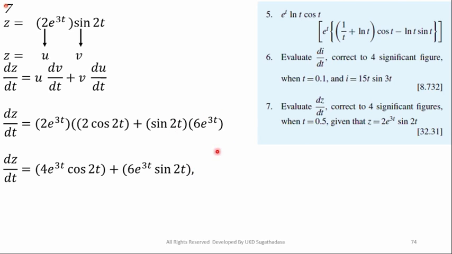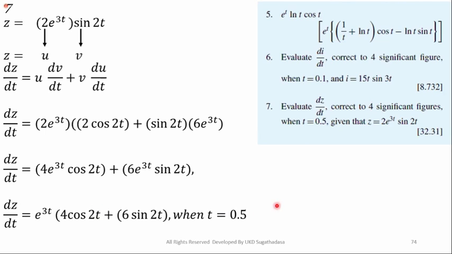I mentioned that the scientific function should be separate. So if you want, you can take e^3t out of the bracket. That can be possible. See the final line. e^3t, 4 cos 2t plus 6 sine 2t. This is the correct differentiation. Remember, you cannot check the differentiation answer because it is not given here.